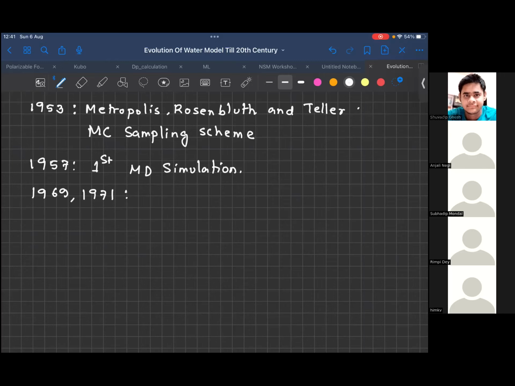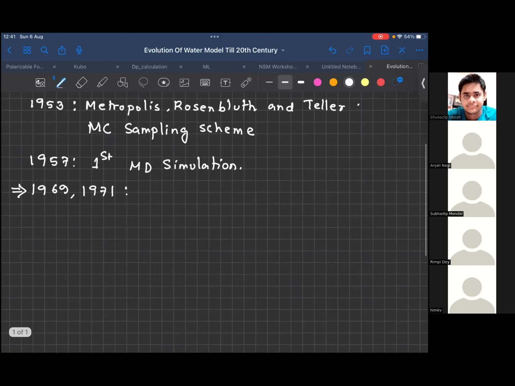So these two papers are landmark papers. If any one of you wants the papers, I can share. These two works I can write as the first computer simulations of liquid water.